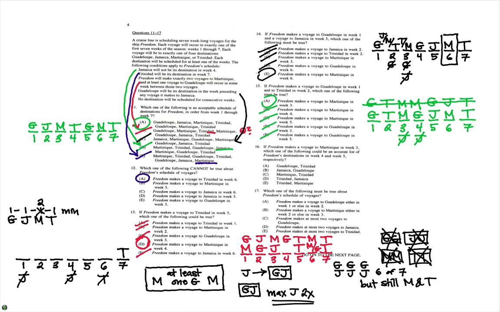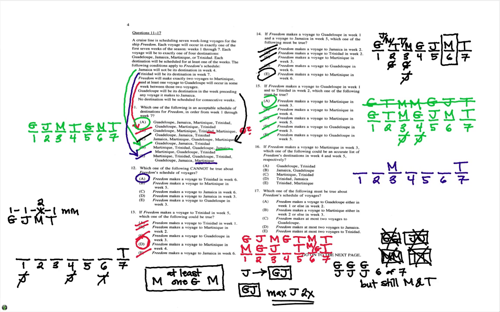Question 16. If Freedom makes a voyage to Martinique in week 3, which one of the following could be an accurate list of Freedom's destinations in week 4 and week 5, respectively? Alright, so again, we are going to draw out a hypothetical here, placing what we know, Trinidad in week 7. It now tells us Martinique is going to be our destination in week 3.